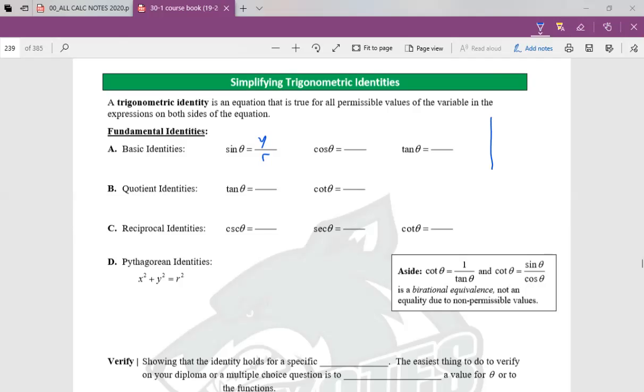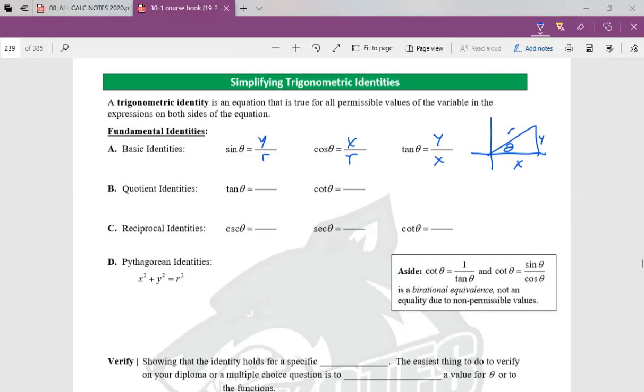When we have theta, it looks like this. So there's theta, here's y, here's r, here's x. Remember that cosine theta was x over r, and tangent theta is y over x. And that's just relevant to your opposite over hypotenuse, adjacent over opposite, and those formulas.